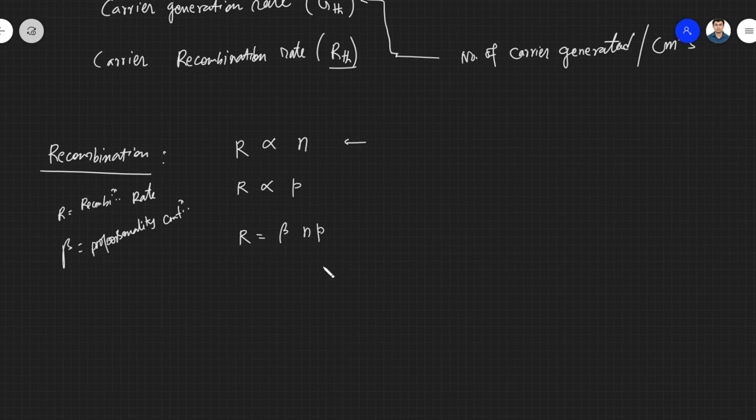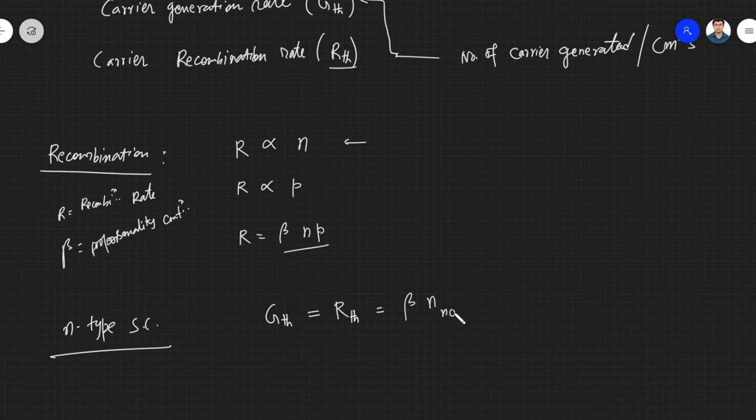Now we'll take a special condition and talk only about an n-type semiconductor. For an n-type semiconductor at thermal equilibrium, generation rate equals recombination rate, which is beta n p.